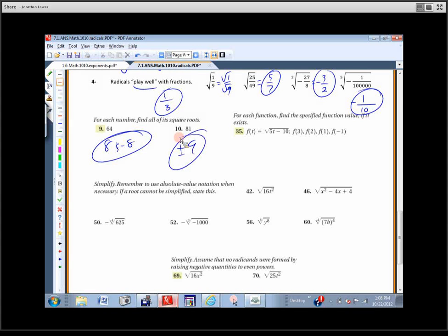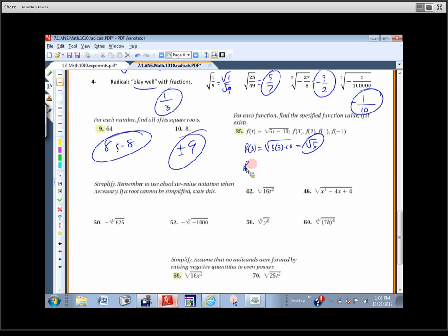Plus and minus 9. For 35, for each function, find the specific value if it exists. So f of 3, plug in a 3. 5 times 3 minus 10, square root of 5. I mean, it's literally that simple.